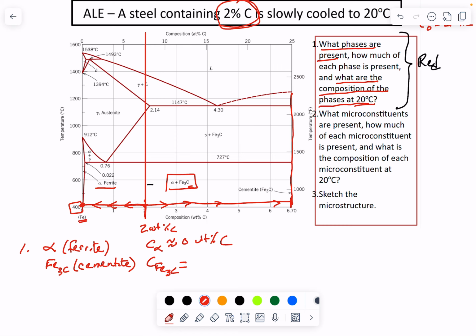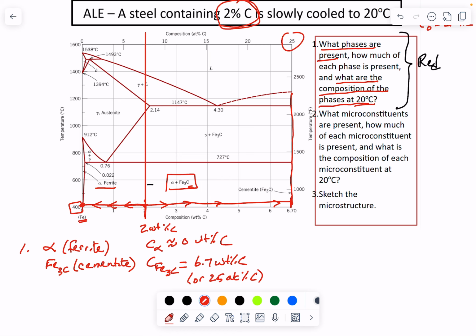This is why the composition of Fe3C is 6.7 weight% carbon, or you could have said 25 atomic percent carbon. Both of them are correct, and we can read the atomic percent up here. So we've answered that and that.